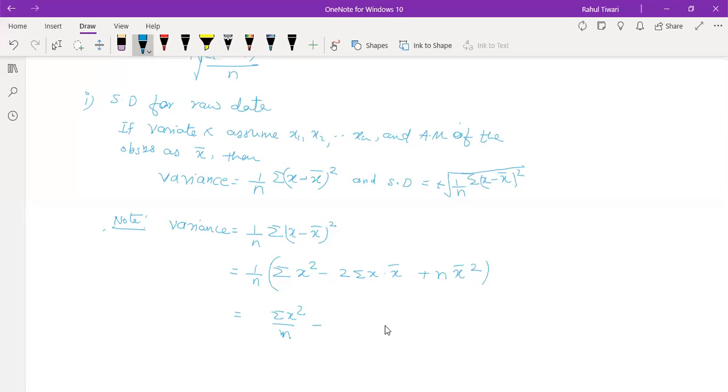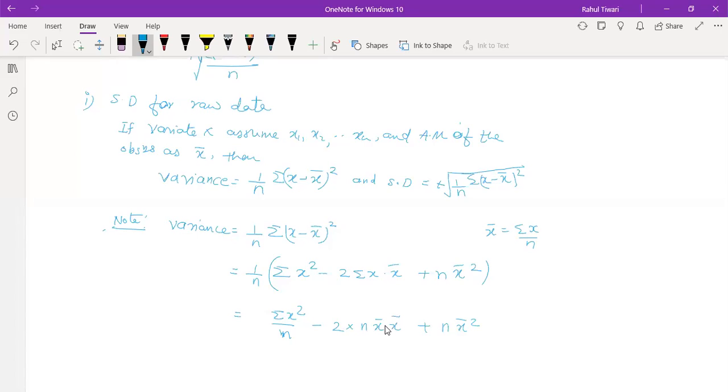What is x bar here? X bar is equal to summation x upon n, correct? So summation of x is n into x bar. So it is 2 times n into x bar, and this n into x bar becomes x bar square.